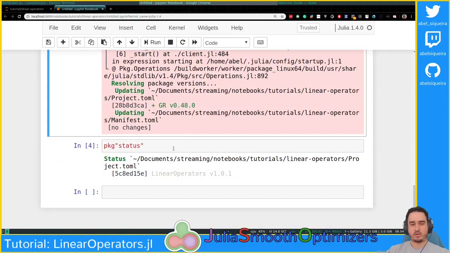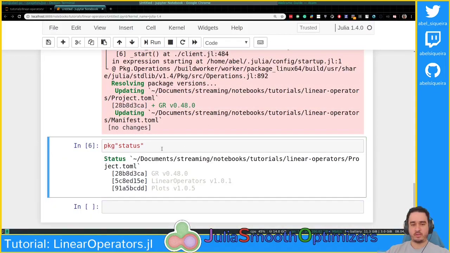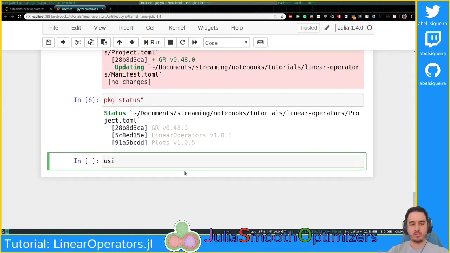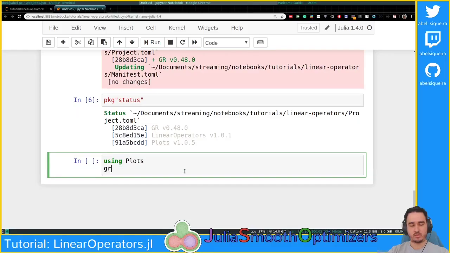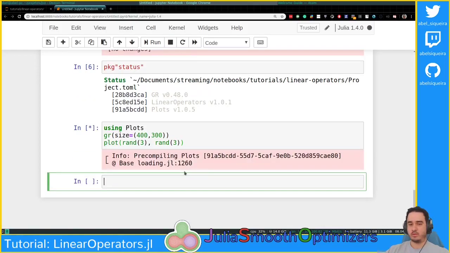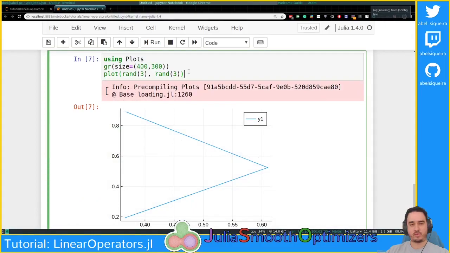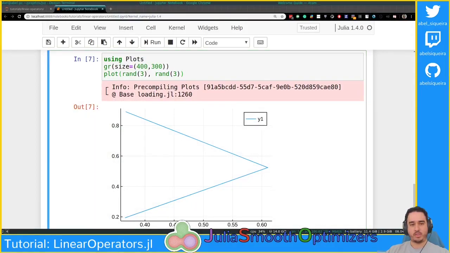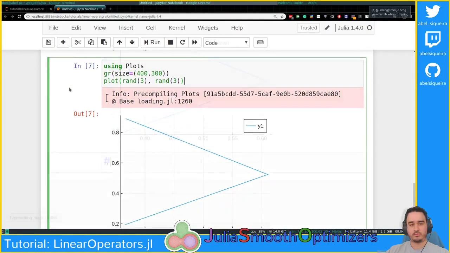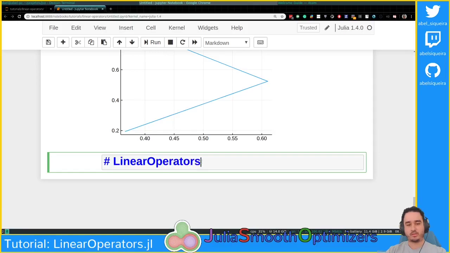To have installed Plots and GR, and for my test, I'm going to use Plots, set GR, and plot something to make sure that it's working. This is precompiled and ran the first time, so we should be all ready to go. We're going to talk about LinearOperators, okay?